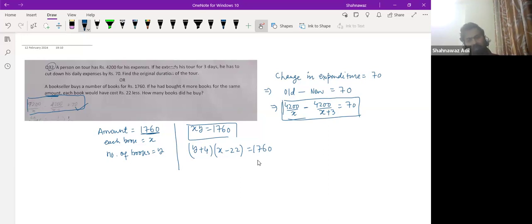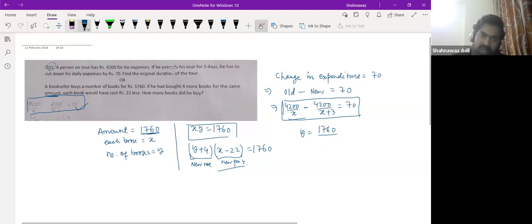Is it clear, guys? So this is the new number, and this is the new price, right? And if we use Shaima's idea, what we have to calculate is the number of books, right? So number of books is what? 1760 by x, right?